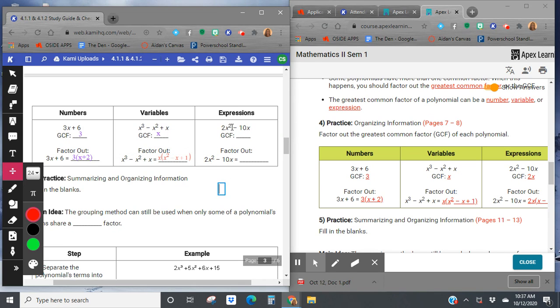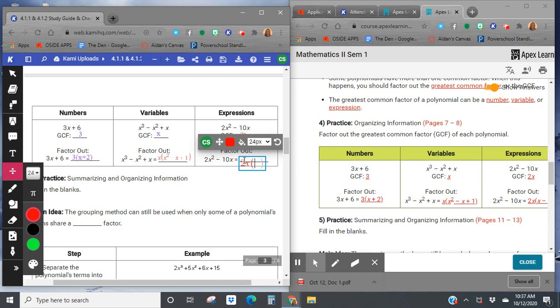And finally, you can have an entire expression that GCFs out. So here there's an extra 2 that divides into everything, and there's an extra x. So my GCF here is 2x. And so we're going to go factor out that 2x.